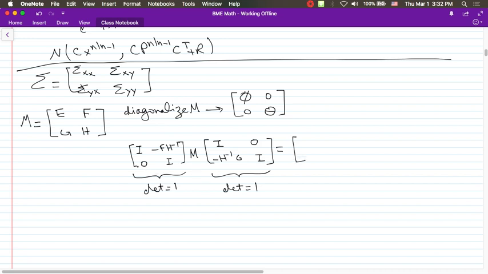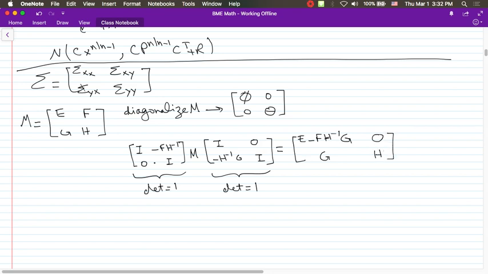So first we're going to multiply this by M. So identity times E minus F H inverse times G. So that's E minus F H inverse times G. Identity times F minus F H inverse times H. That's 0. Similarly, the other two terms.